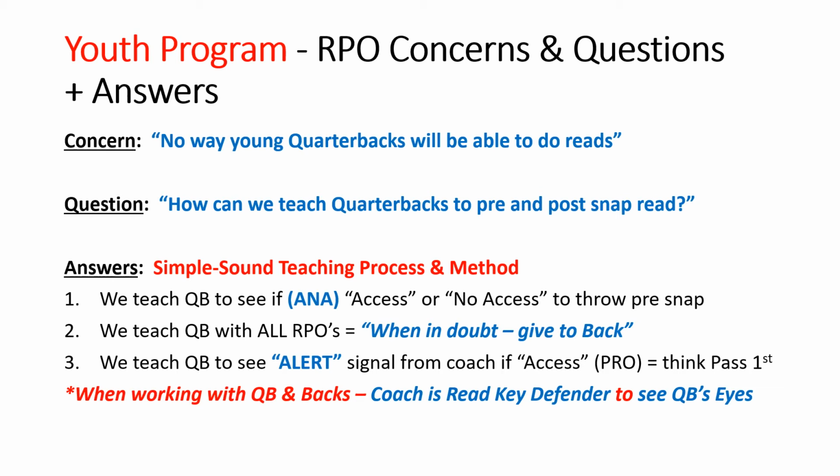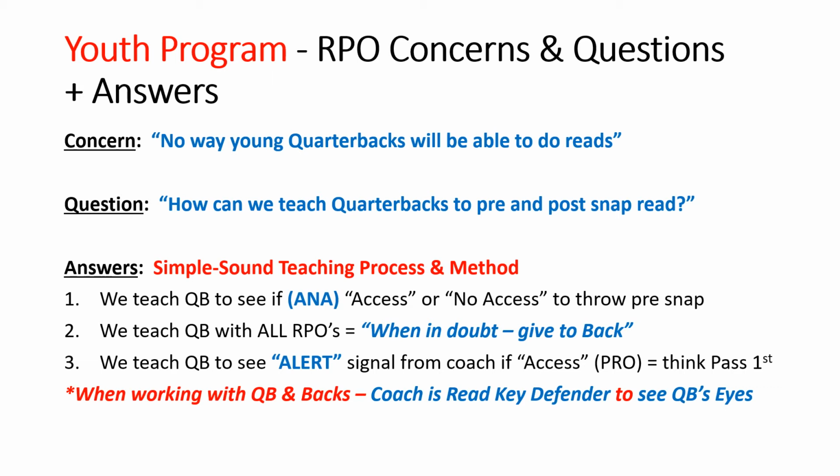And typically, young quarterbacks then will take that as a cue to throw the football. The nice thing is here, you're now on the same page in your communication with the plays on what you want in the decision process.